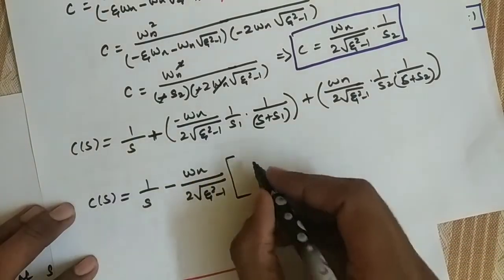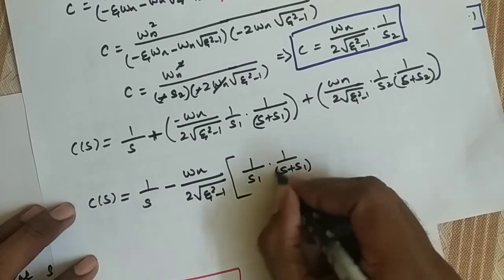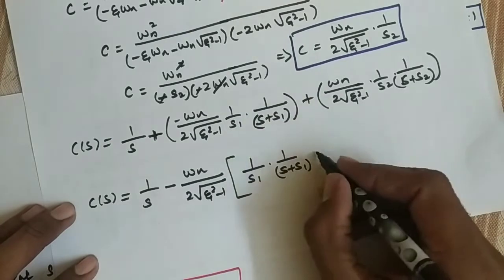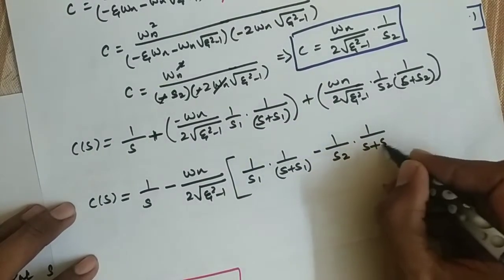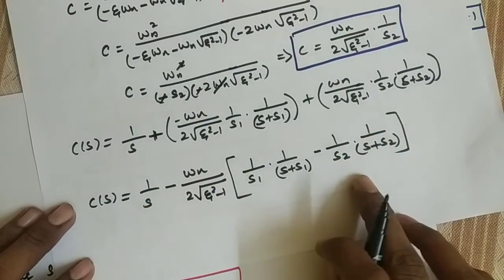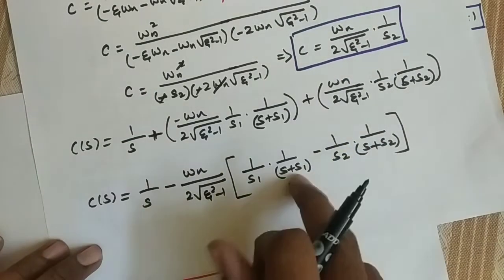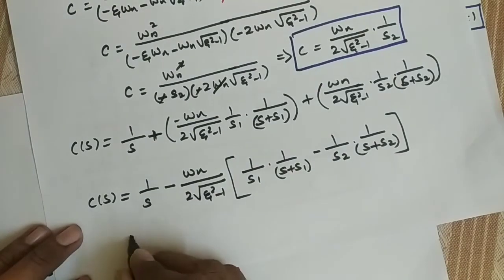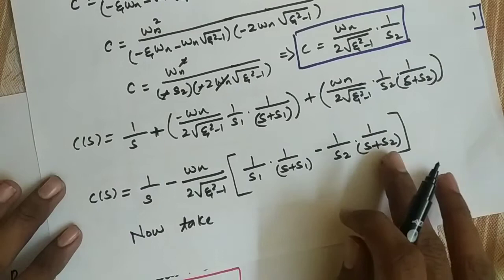Here plus 1 by s1 into 1 by s plus s1, and here one more minus will come, 1 by s2 into 1 by s plus s2. This is the response equation in the s domain after taking partial fractions. Now it is ready for taking the inverse Laplace transform.